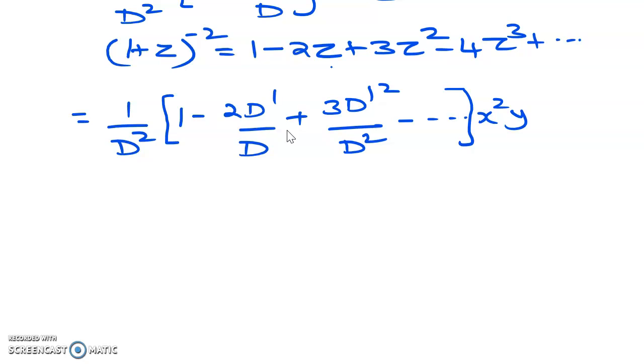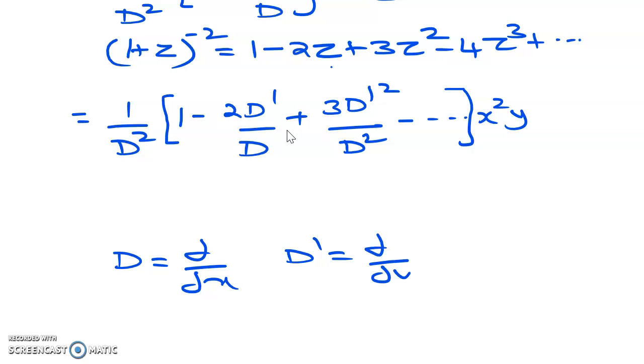But as you know, D stands for the derivative with respect to x, and D dash, D prime, stands for the derivative with respect to y. This is a polynomial. How many derivatives will it hold? I have D dash and D dash squared.